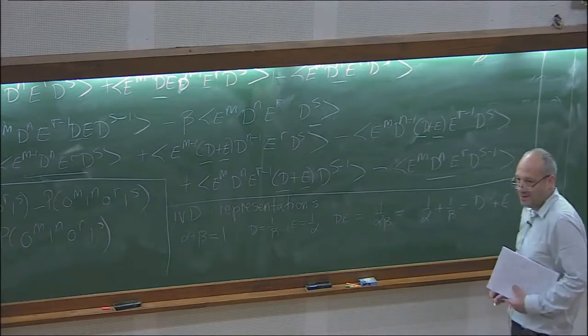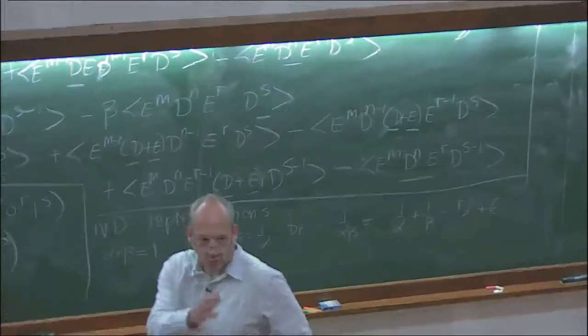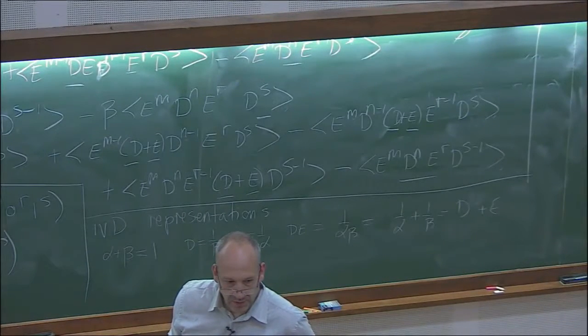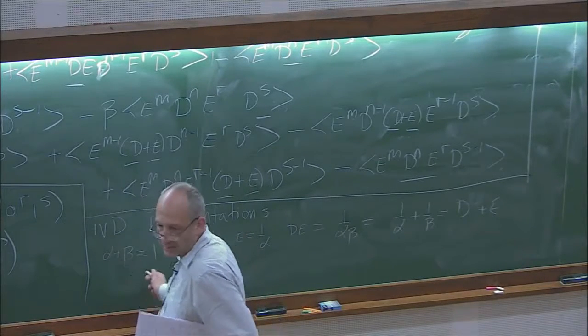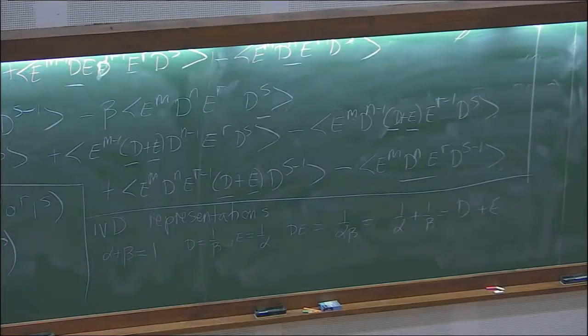But that's a very special case. Remember, this is one line in the phase diagram. So that's a special line where things simplify. And more generally, that's not going to work, so we need matrices. It's not difficult to show that the D's and E's don't commute.